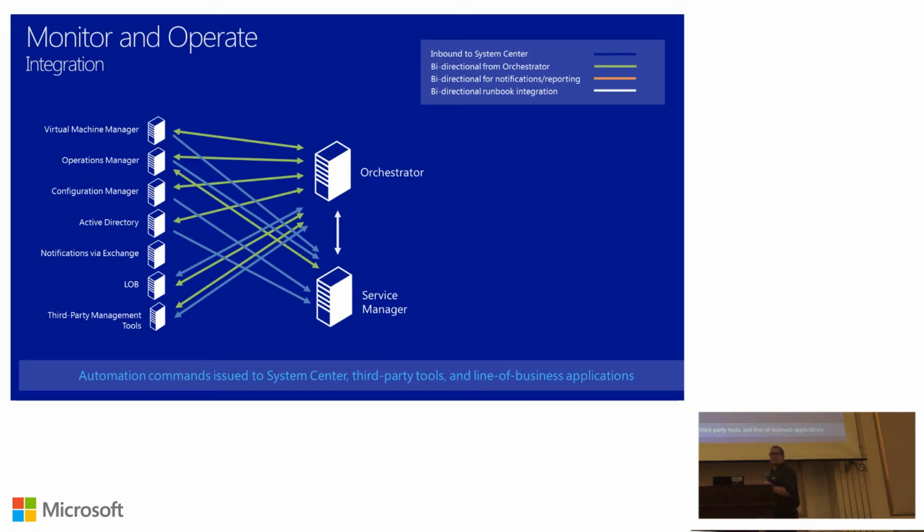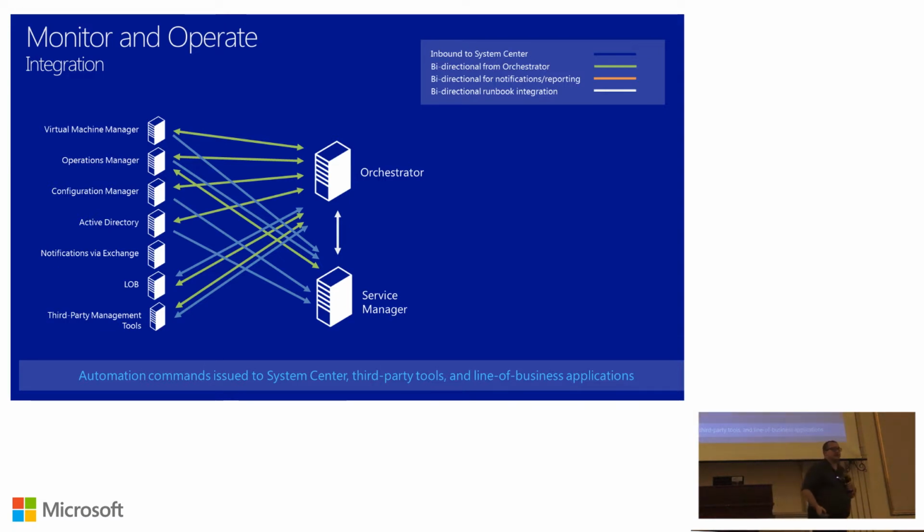Service Manager gets a lot of data from our environment, from all the System Center products. They are writing into the Service Manager. That's our CMDB. We get from Active Directory the users, computer accounts, computer groups. We get from Configuration Manager our software packages. When we do a full deployment, we want to have change management.